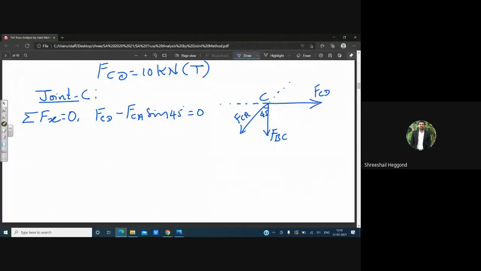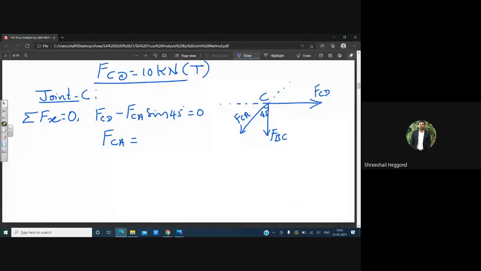FCD is already known value which I have calculated. Here it is already calculated value, that is 10 kilonewton. Substitute that one and find out FCA value. What will be the FCA value? Sin 45 is known value, only unknown is FCA, that can be calculated.